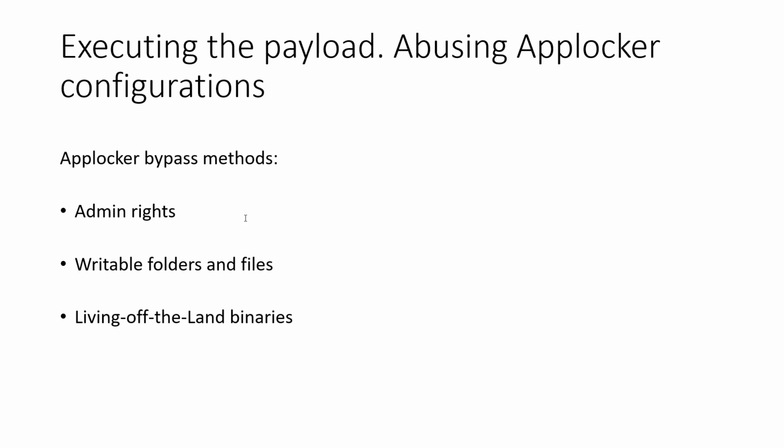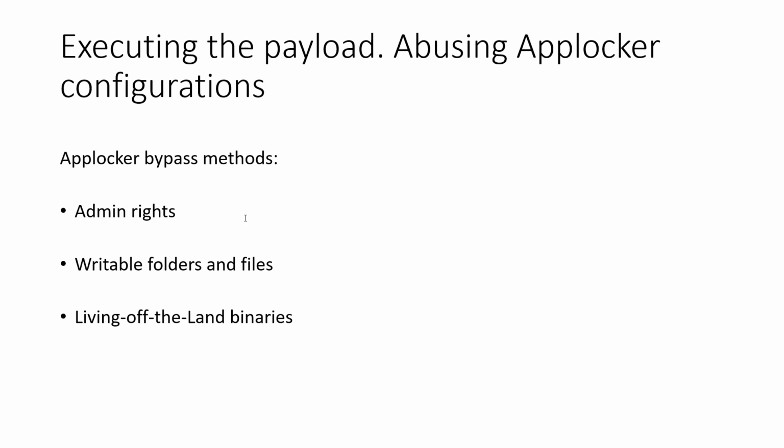There are three primary methods you may try. First one, get admin rights somehow. In this case, of course, admins may just bypass AppLocker easily. Some rules may stop me from using some applications, but normally administrators are not restricted.